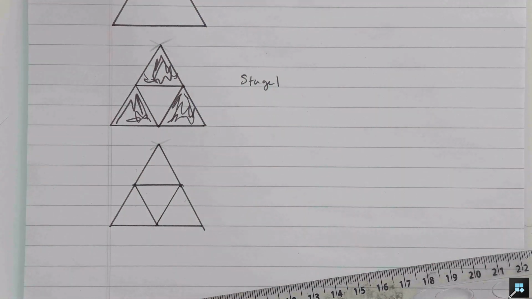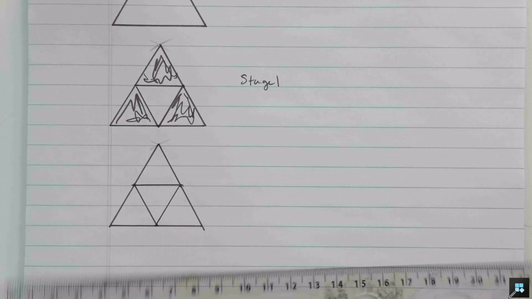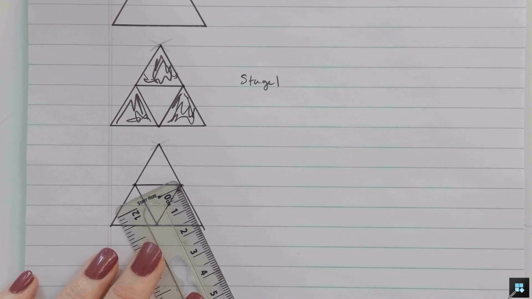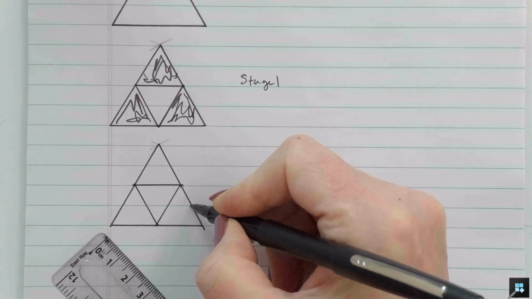We'll go ahead and now make upside down triangles, or triangles pointed downward, in each of these 3 stage 1 triangles. Since we were making little triangles that were 2 centimeters each, now we're marking off at the 1 centimeter mark.